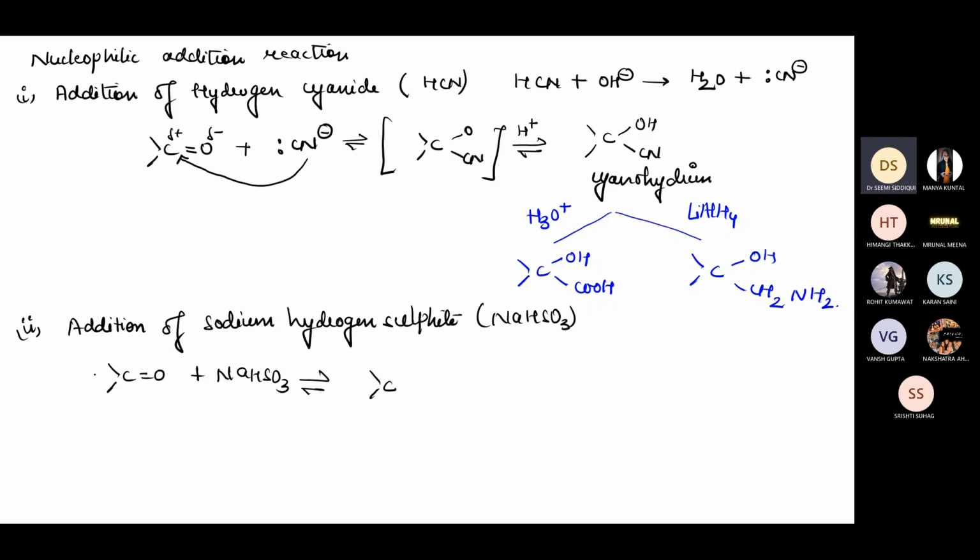First of all, the double bond is going to break. So what is going to happen? SO3H will come and ONa. The proton transfer is going to take place. When the proton transfer takes place, क्या हो जाएगा? ये as it is रहेगा, and over here you are going to have the OH. Means you are going to get the bisulfite addition product.